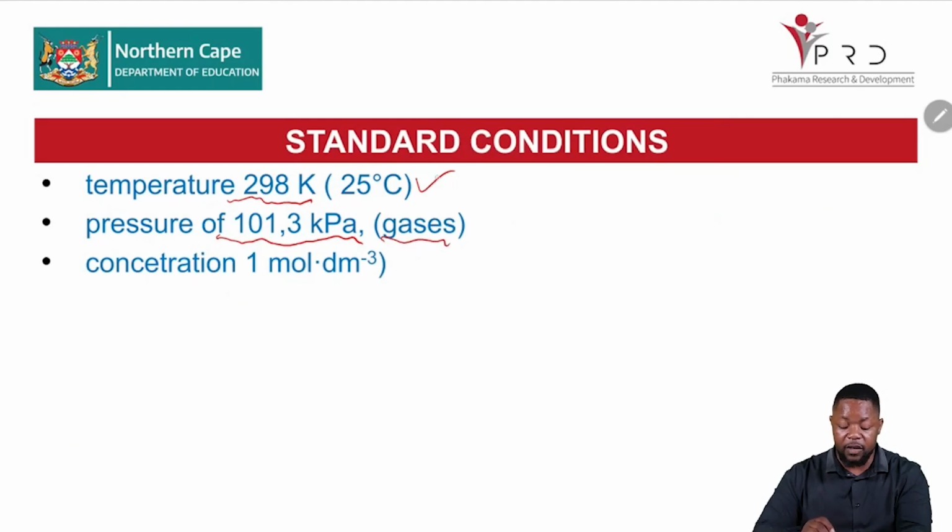This 101.3 kilopascals might be difficult for you to remember, but you can also say 1 atm. So 101.3 kilopascals is equivalent to 1 atm. The concentration needs to be 1 mole per decimeter cubed all the time. So these are the standard conditions in which the galvanic cell we're talking about is operating.